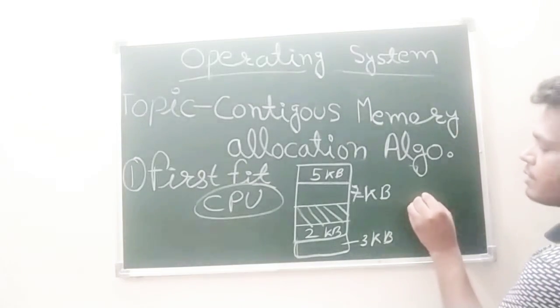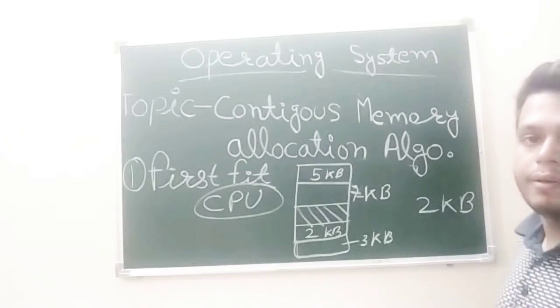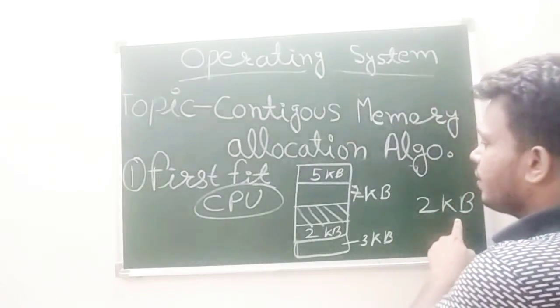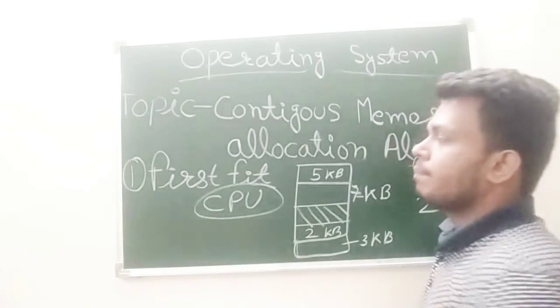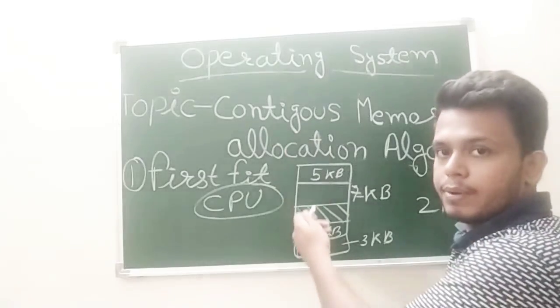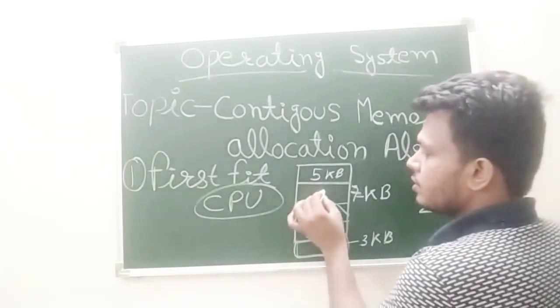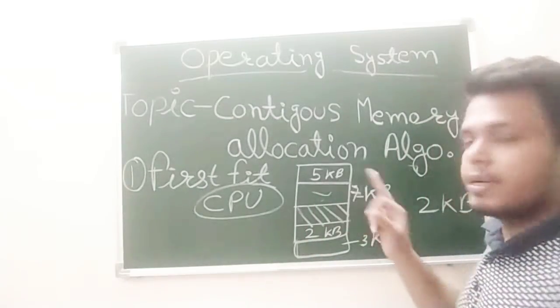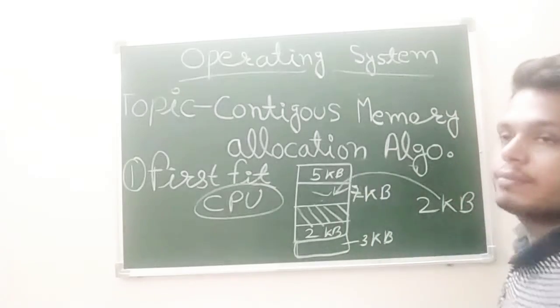Suppose a process comes with the size of 2 KB. This 2 KB can be accommodated in this place and this place, but first fit says it will scan this memory, and whenever it finds a space, suppose this is the space first fit has found, it will simply put that process inside this.